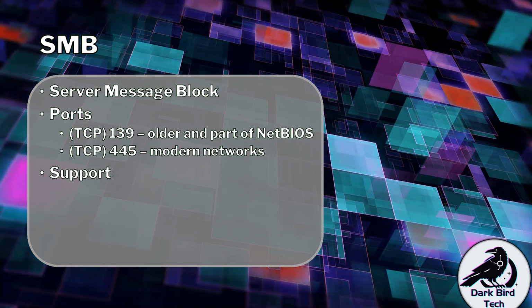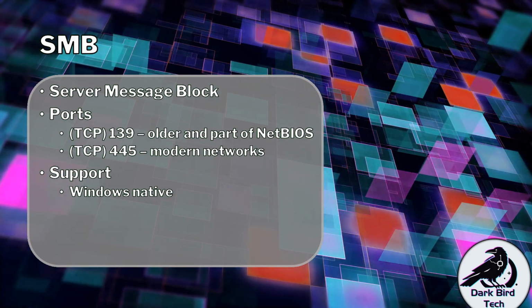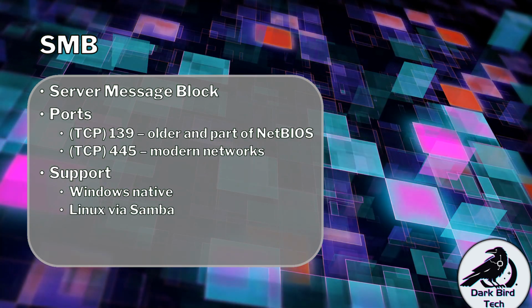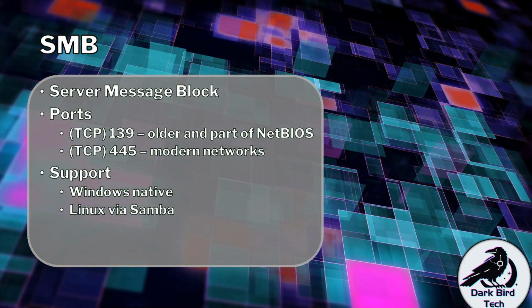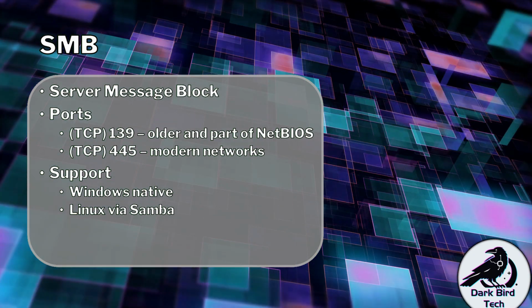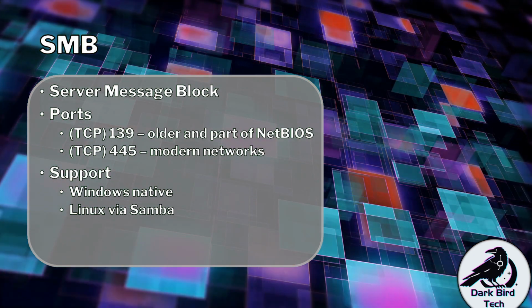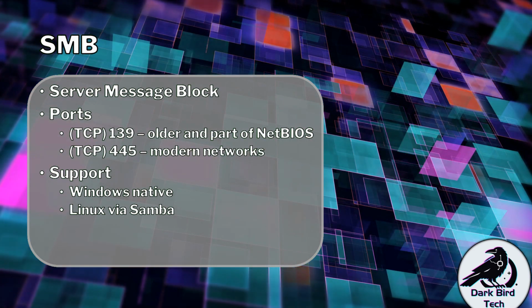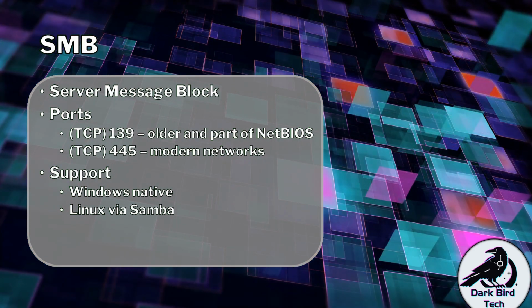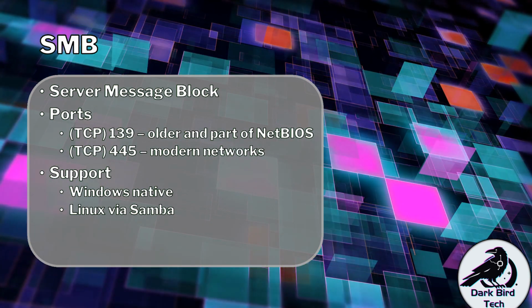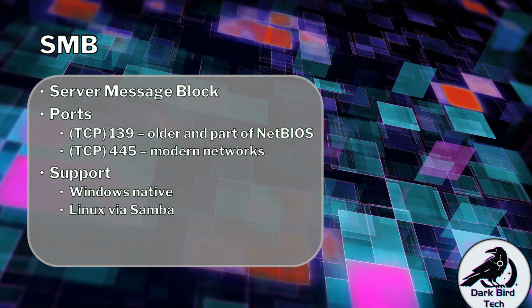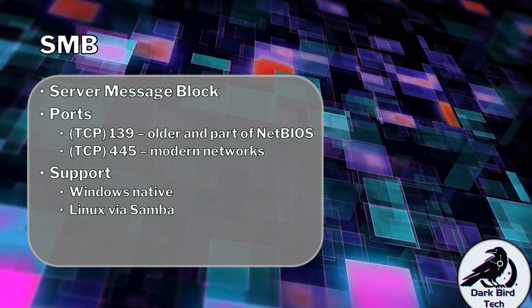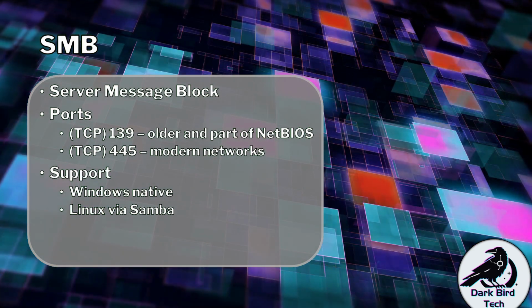From a support perspective, it runs in Windows natively, and in Linux, you can use it if you have Samba installed. And considering that you've got two options now for file sharing between Windows and Linux, you can use Samba on Linux to make it work with SMB shares, or you could use NFS, Unix and Linux's file sharing service, on Windows to make Windows work with Unix and Linux share servers.